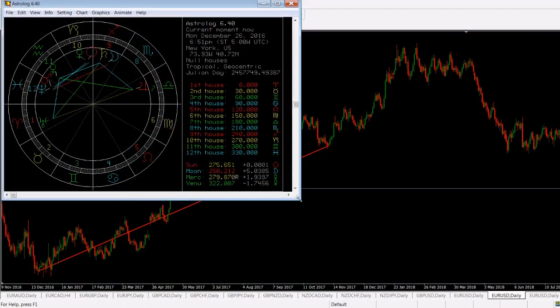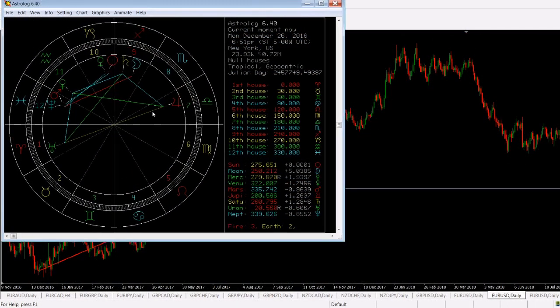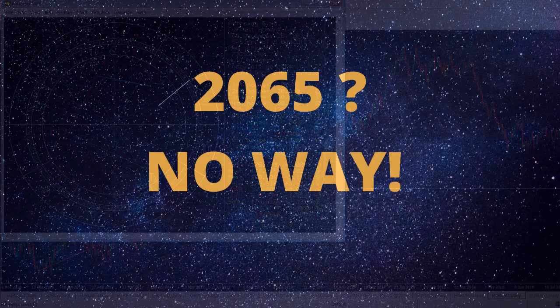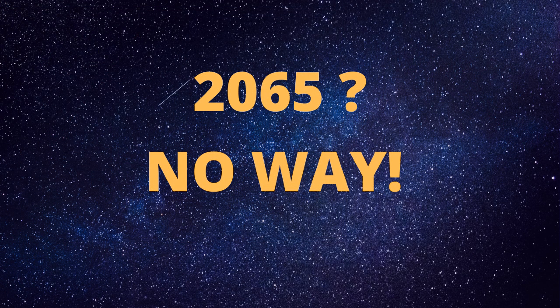Sorry for the graphics of this Astrolog, it is just very low quality. But let me do it pretty quickly. Okay, so I'll find now the date where the market moves. Oh my god, 2065. It's too far away.